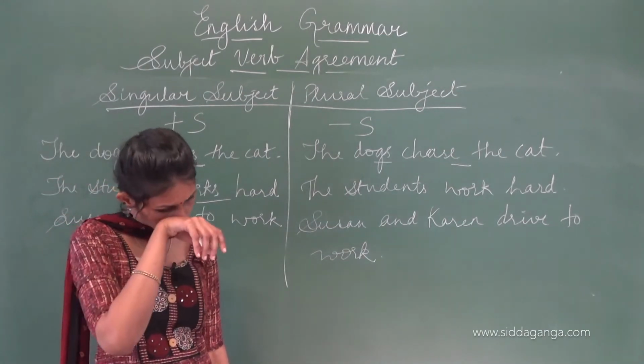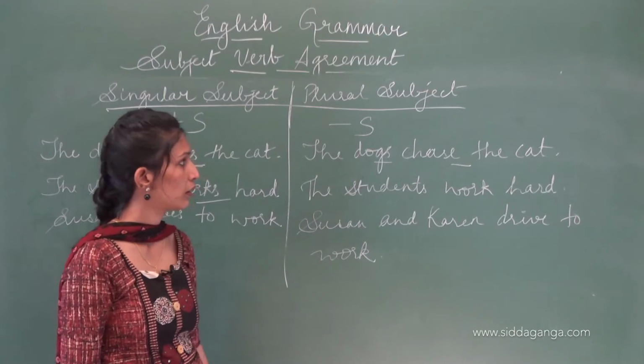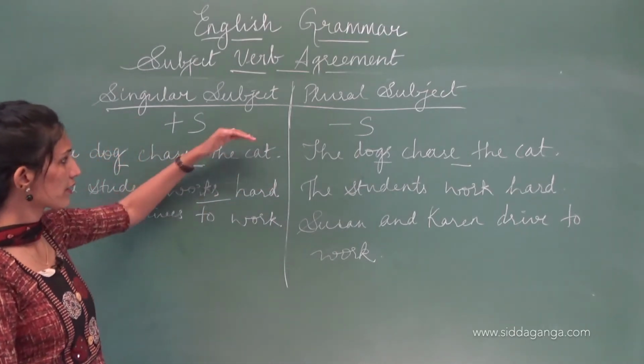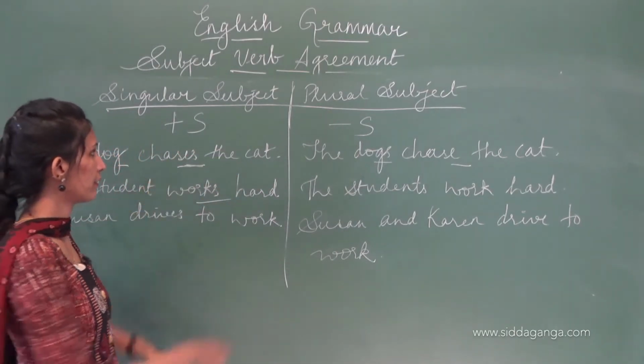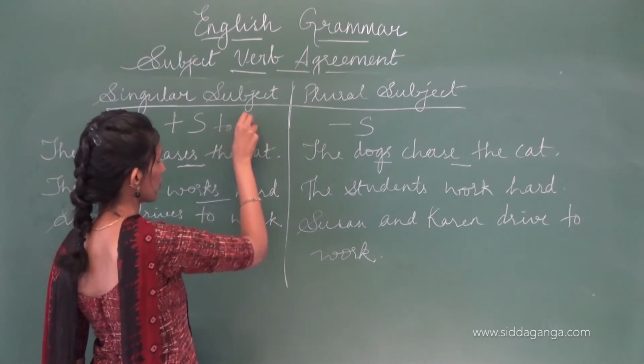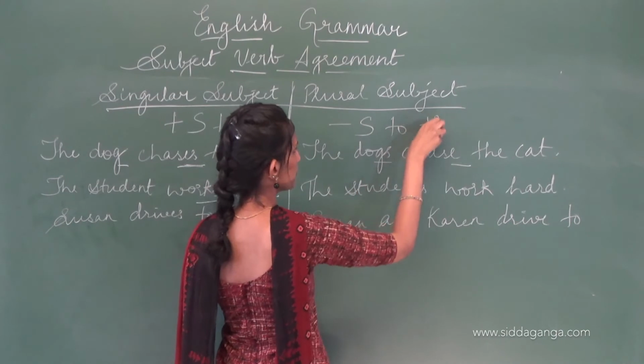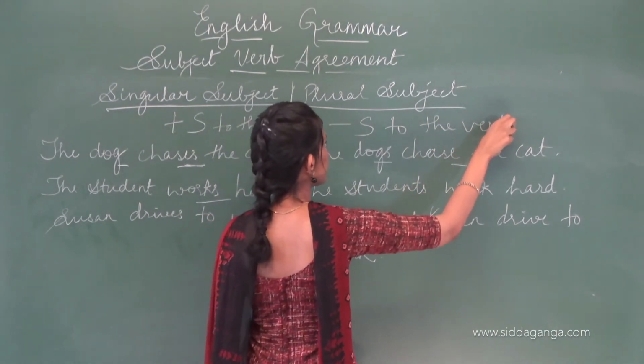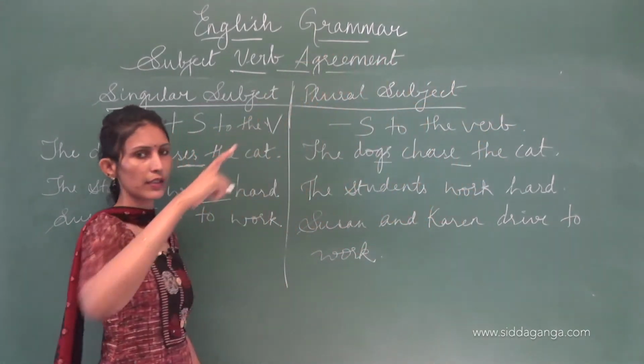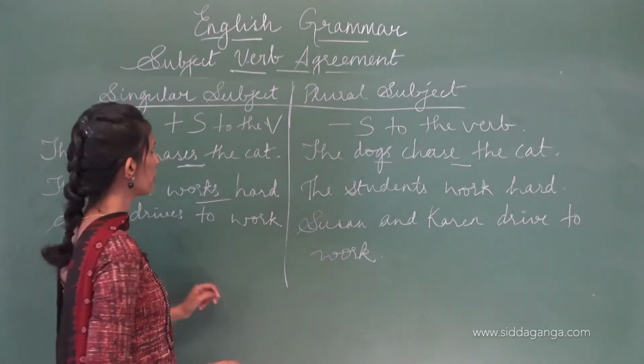Alright. So singular subject, add s to the verb right here, otherwise you will forget. Plus s to the verb, minus s to the verb. So this is your formula again.